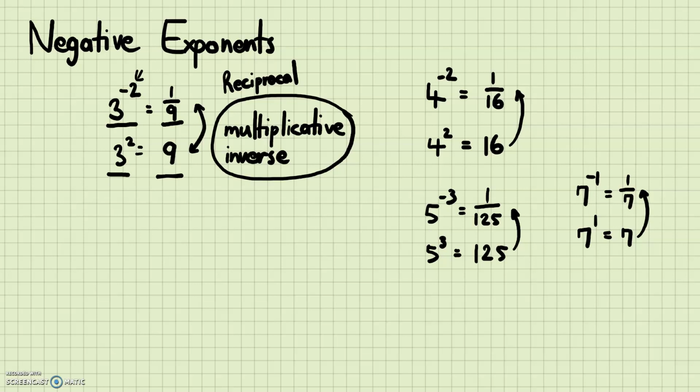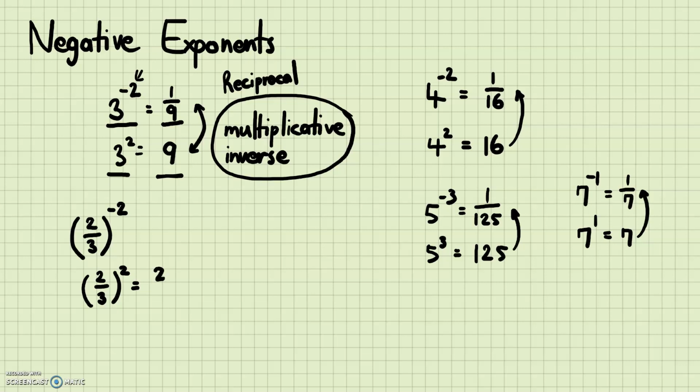And you can do this with fractions as well. Let's say we have 2/3 to the negative 2 power. This is asking for the multiplicative inverse, so think of the positive version of this. The positive version would be 2/3 to the positive 2 power, and we've learned how to evaluate fractions raised to a power.